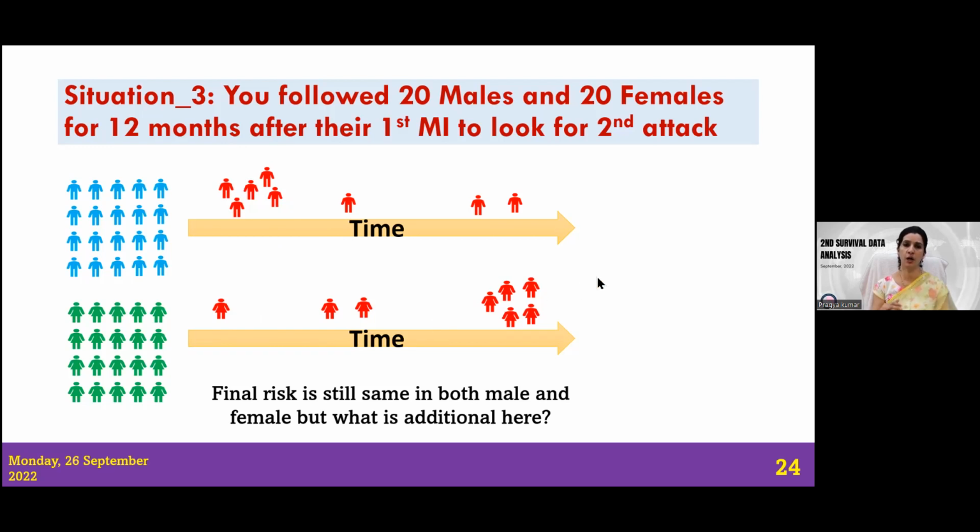So now, can you appreciate what additional information this survival or time to event data is giving us? Because a person can say, if the final risk is same, why do we need to do a survival analysis? So you will get this answer from this time to event data, that this research will have policy implications.